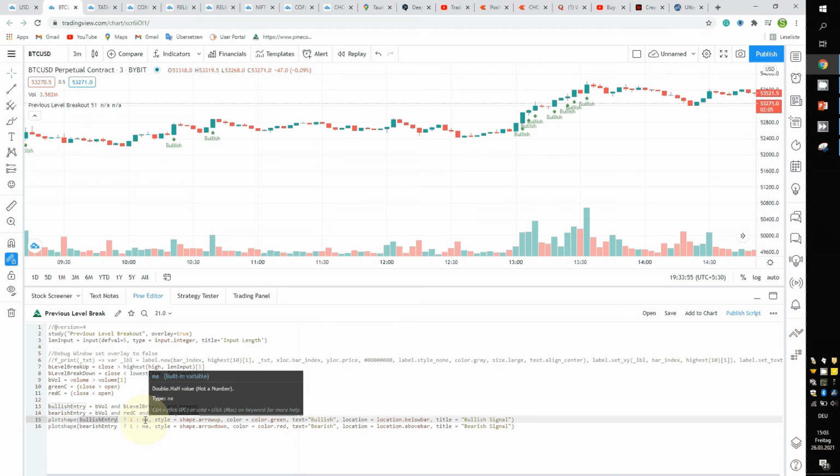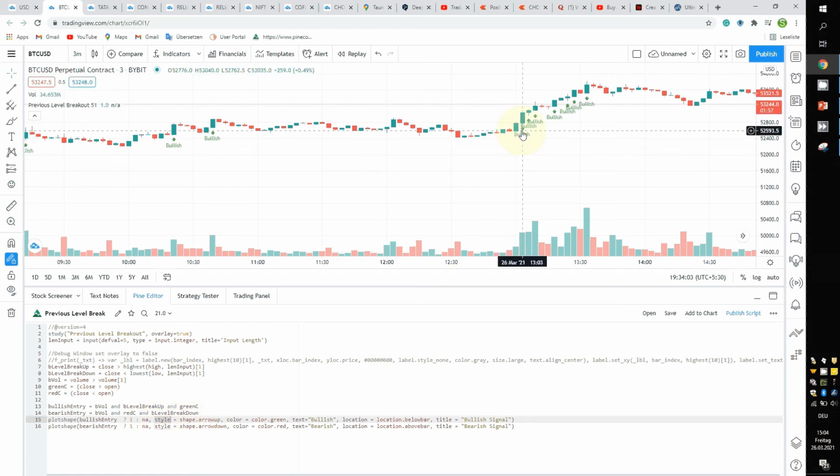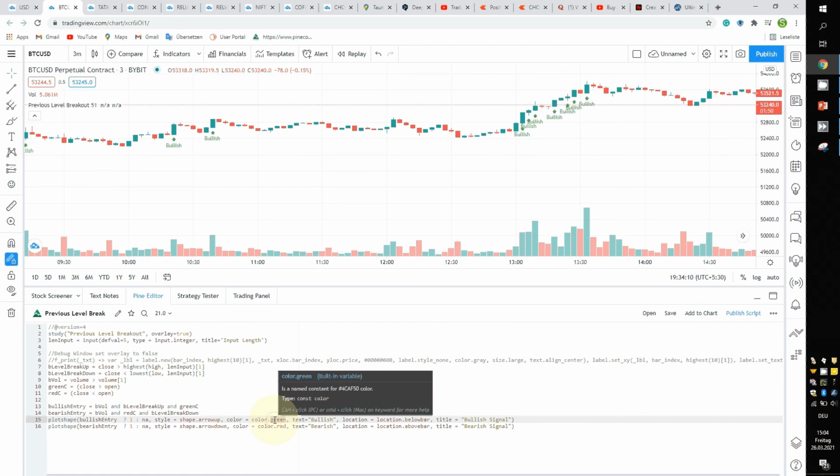And how does it show you what is plotted? You can say my style would be shape.arrowup. So if it is a bullish entry, it would be an arrow up. You can see there's a little arrow below the bar. For the bullish, I choose the color green. If you want to display some text with it, you can write bullish or call or whatever suits you.